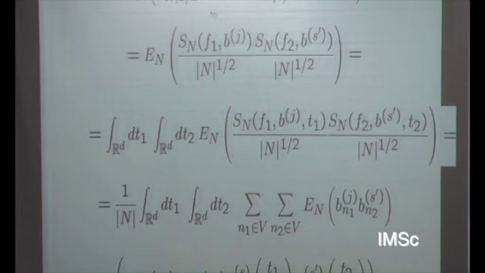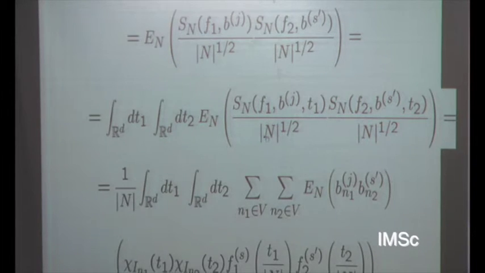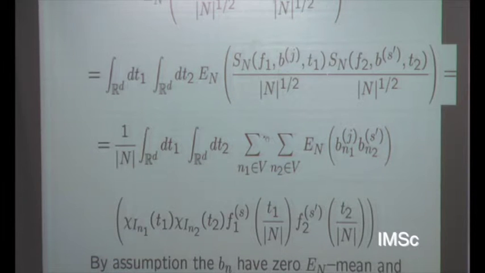This is the central limit sum, so we have the normalization. And now, remembering that the sum corresponds to the integral and the sum, I sum over n, and I integrate over the argument of the test functions f1, f2.